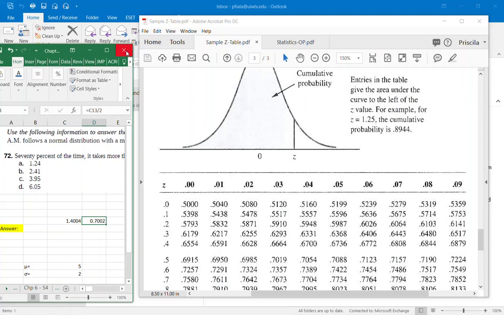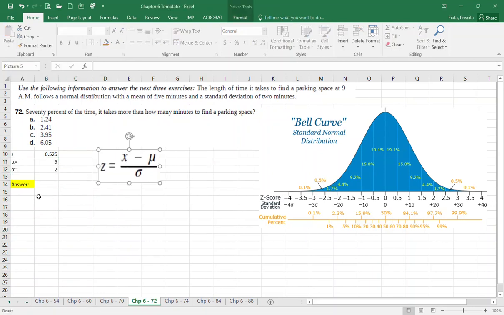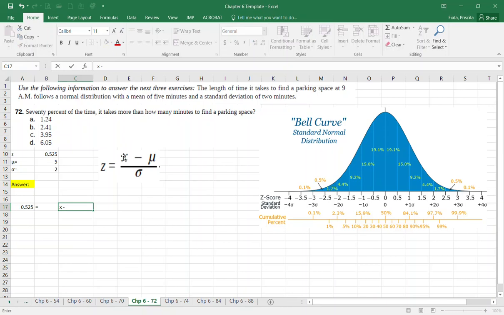So let's go back here. We figured that our z-score is 0.525, right? We know that our mean is 5, and we know that our standard deviation is 2, and then you have this formula right here. In this case, we can solve for x, which will be algebra. So we're going to do 0.525 equals x minus 5, your mean, divided by your standard deviation.